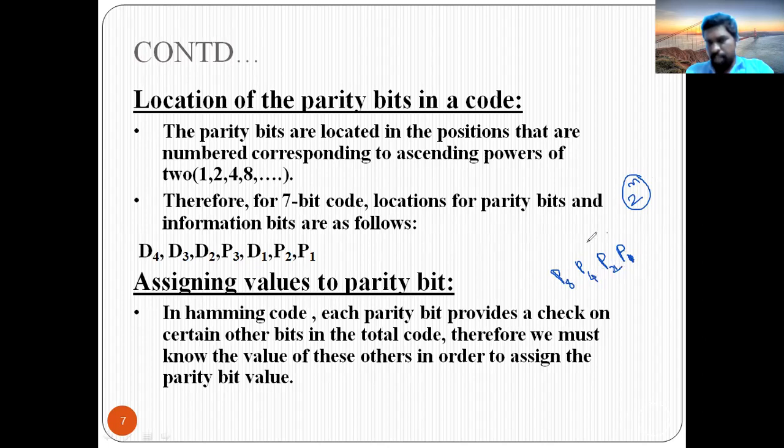Your sequence should always start from the right side to the left side. Remember the sequence P1, P2, P4, P8, like that. Suppose your value of P is equal to 3 in the previous step, you should take these 3 into consideration. If it is 4, take these 4 into consideration. Always the positions should be written from right side to left side. Like that you can find the location of parity bits. The location of parity bits will always be at powers of 2, that is 2 power n.